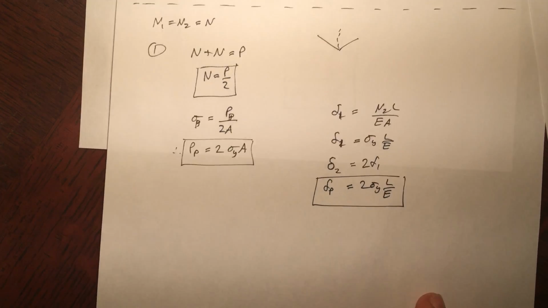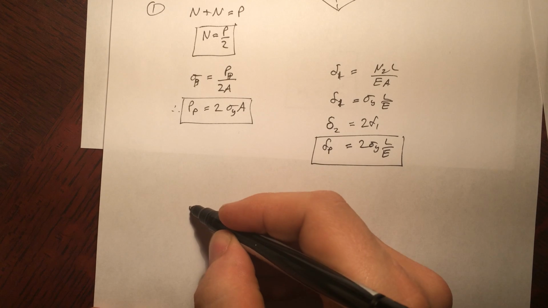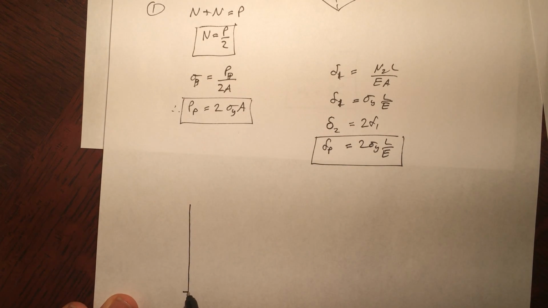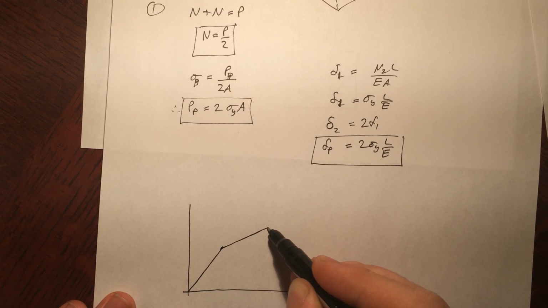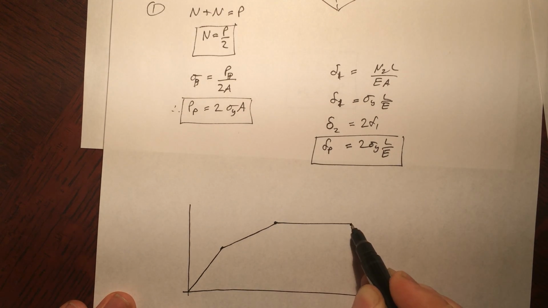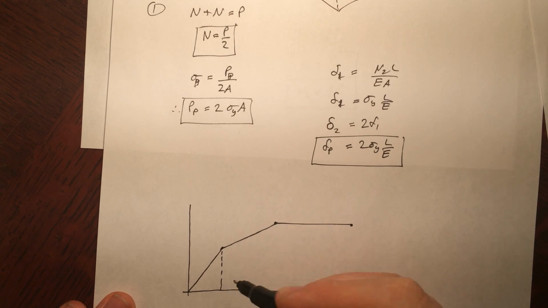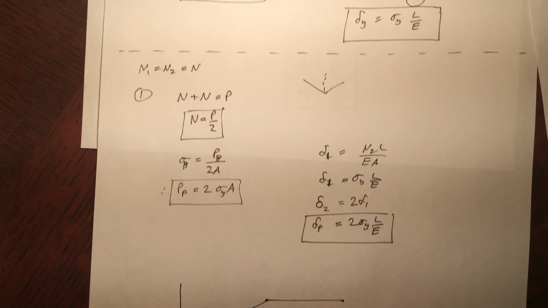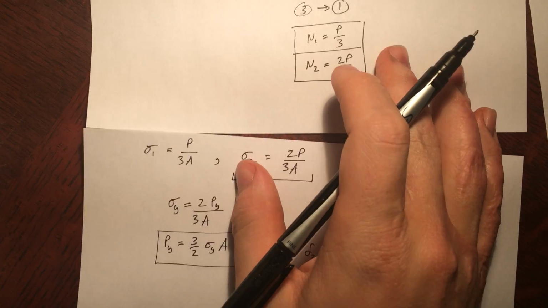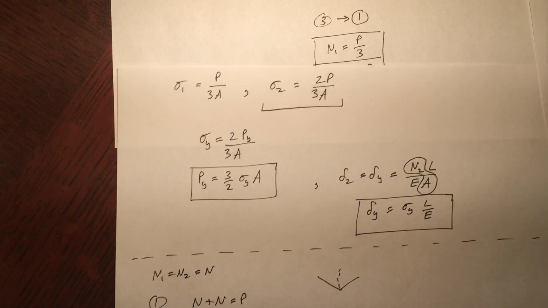So let's plot these two things. This here will be when the first member yields. That was the middle piece.